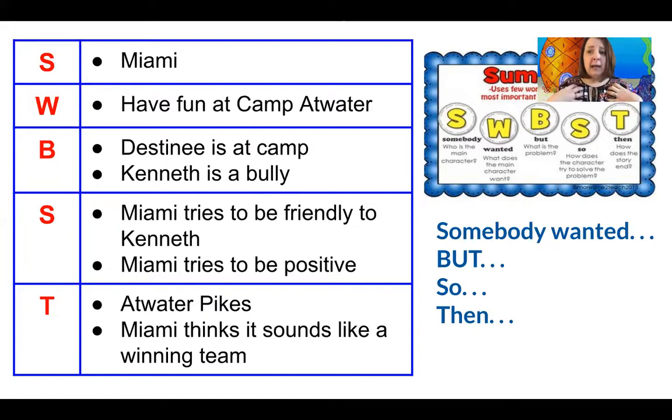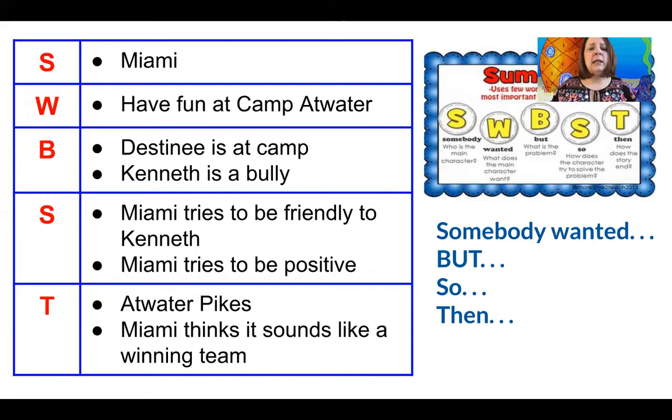So if I'm going to write the assignment, I'm going to take these bulleted ideas that I've brainstormed with my acronym SWBST, and I'm going to put that into a paragraph. It might sound something like this. In chapter 1, Miami has arrived at Camp Atwater, and he is ready to have a summer of fun. But he notices that Destiny has been invited to camp by Stringer also.